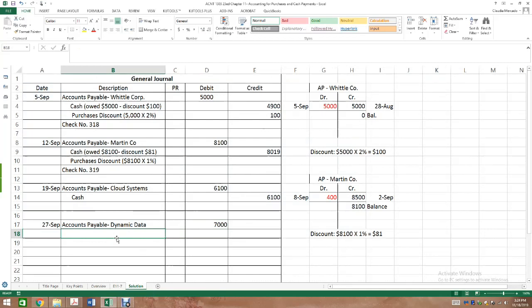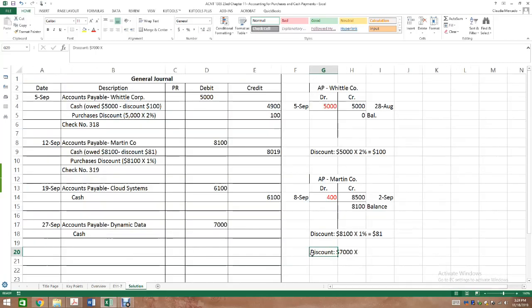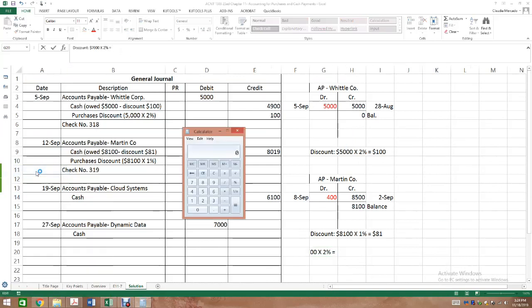I am paying cash. How much cash am I paying? Well, I need to figure out the discount. So for this one, the amount is $7,000 and the discount is 2%. Let me get my calculator out. 7,000 times 2%.